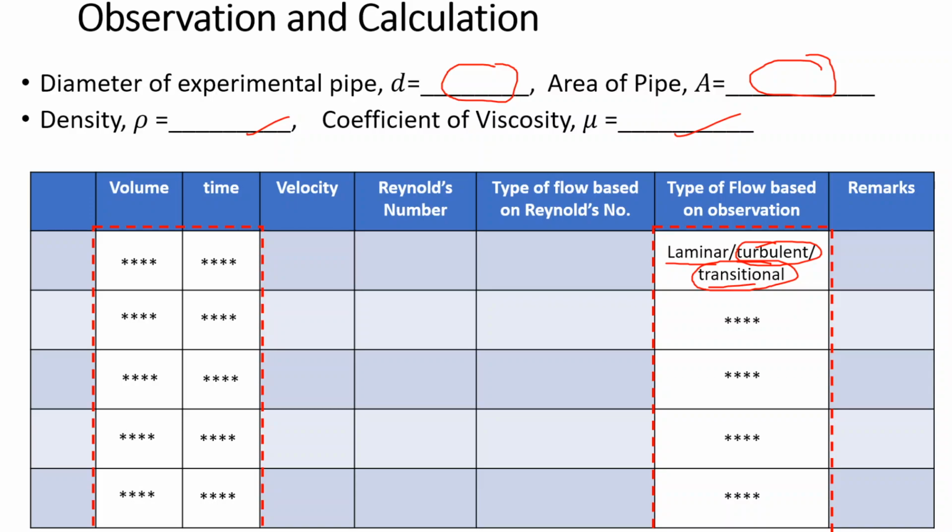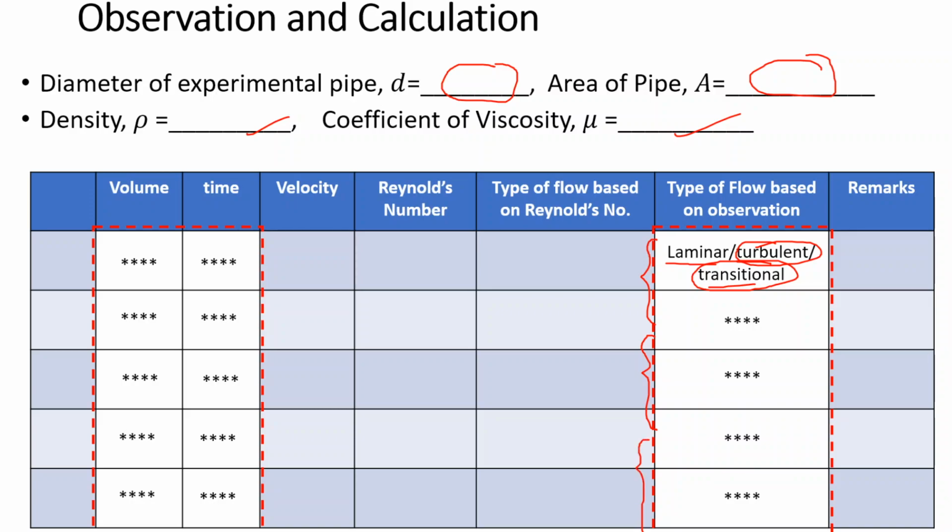It will be a good practice if we try to have different values showing all the different types of flow. That is, 2 readings where the flow is laminar, 2 readings where the flow is turbulent, and then 1 or 2 readings where the flow is transitional.